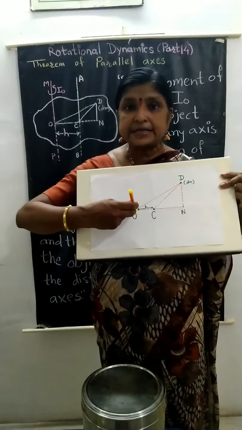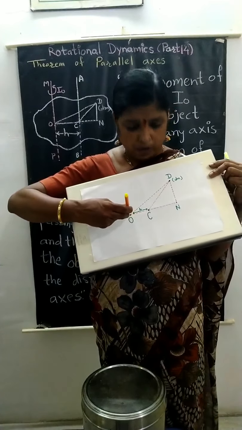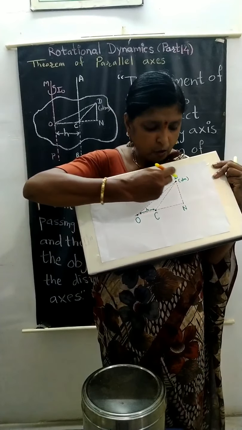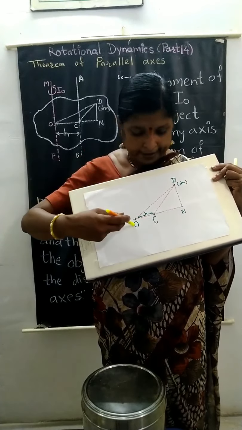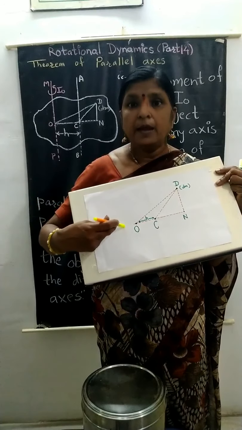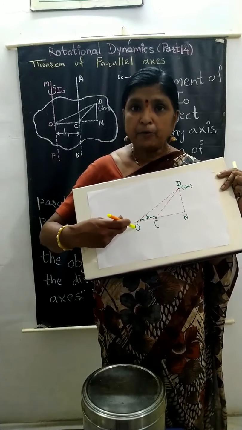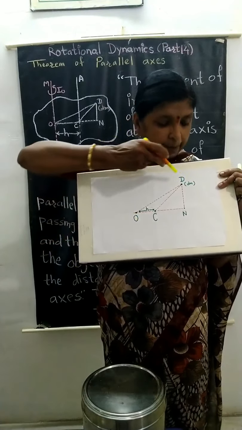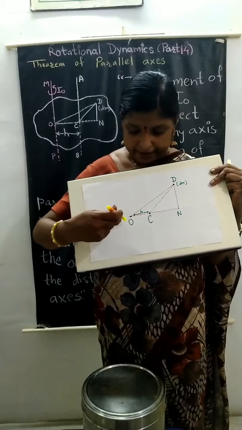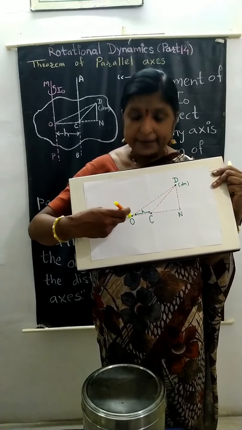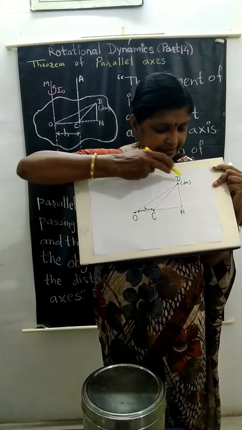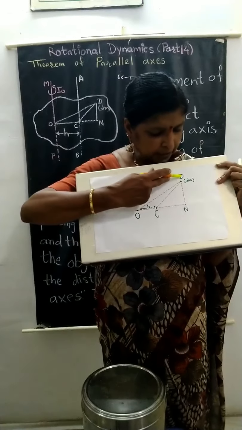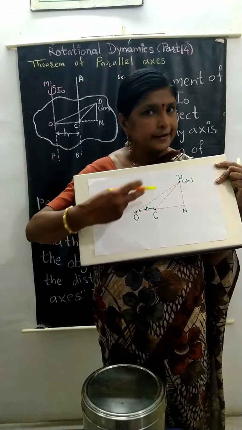If the axis of rotation passes through point O, then this mass dm naturally will revolve along a circle of radius DO. Therefore, if I have to find the moment of inertia of only mass dm, I will write the moment of inertia of that mass dm is equal to DO square into dm.